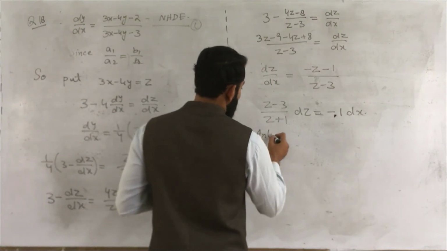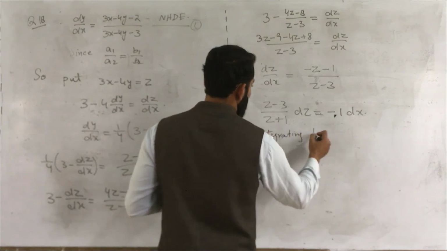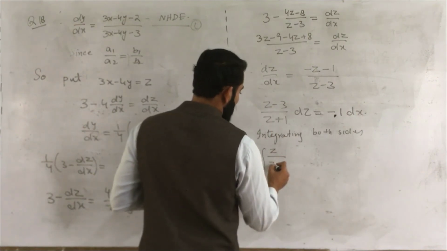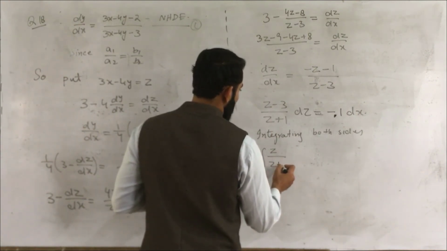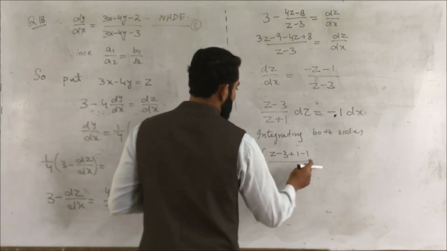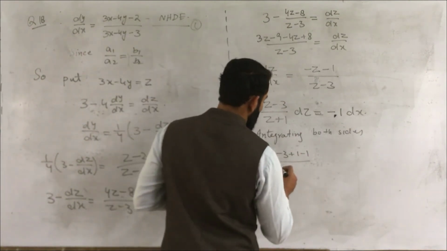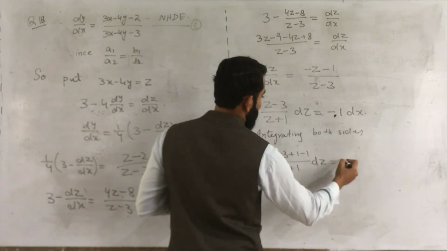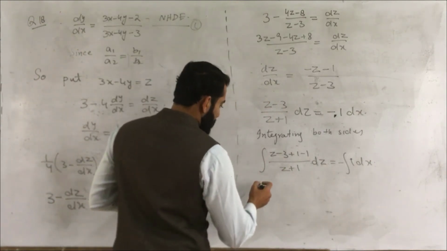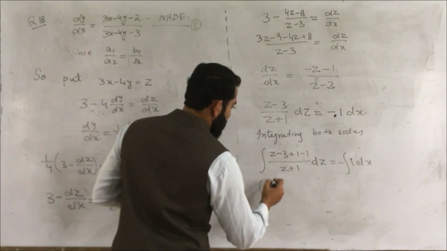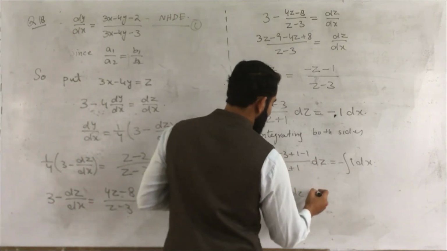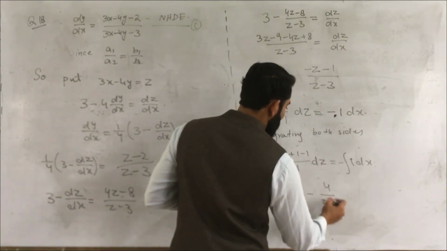Now integrating both sides and separating them, we write z minus 3 as z plus 1 minus 4; you can do the plus 1 and minus 1 yourself. So integration of (z plus 1) over (z plus 1) dz, and minus 4 over (z plus 1) separated, is equal to minus integration of 1 dx.